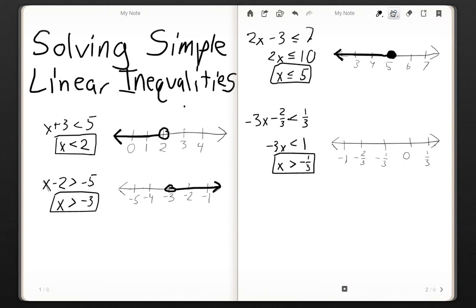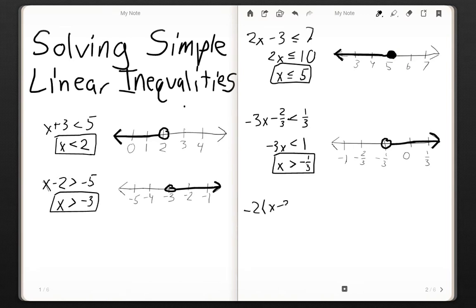Okay, so x is greater than -1/3. So we're going to the right, and it is greater than, but not equal to, only greater than. So we use an open circle like that. Okay.